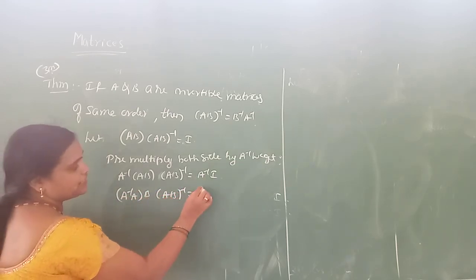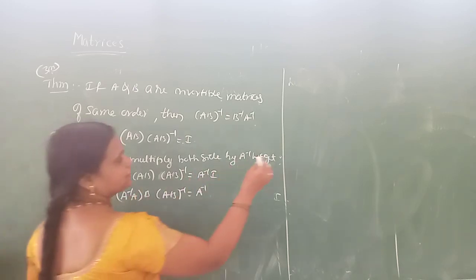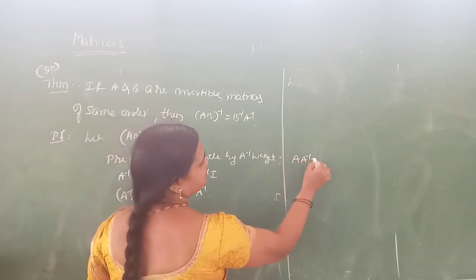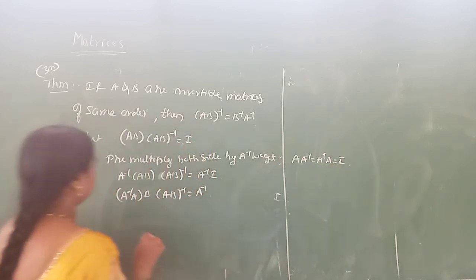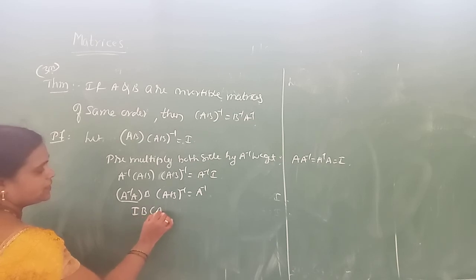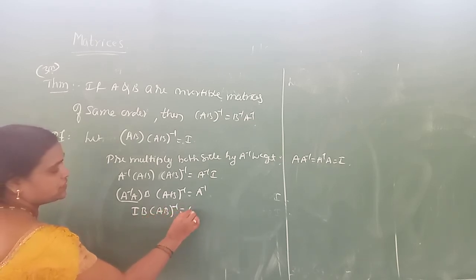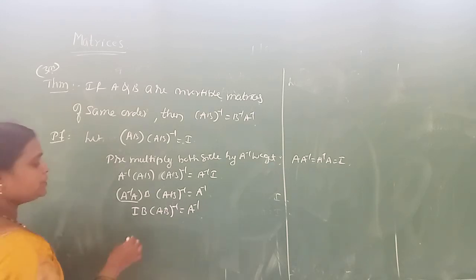A inverse into I is A inverse. And already we know that A inverse A is I. Therefore we can write this as I into B, the inverse of AB, which is I into B, nothing but 1 into B. What we get is B only.